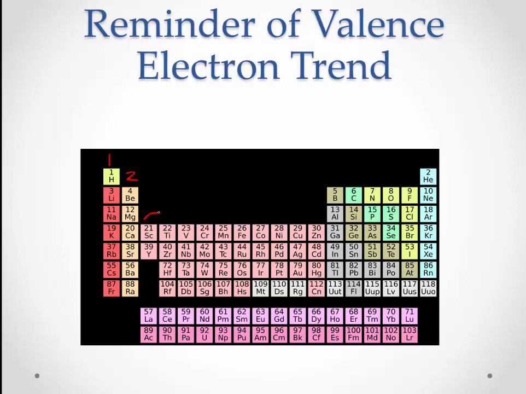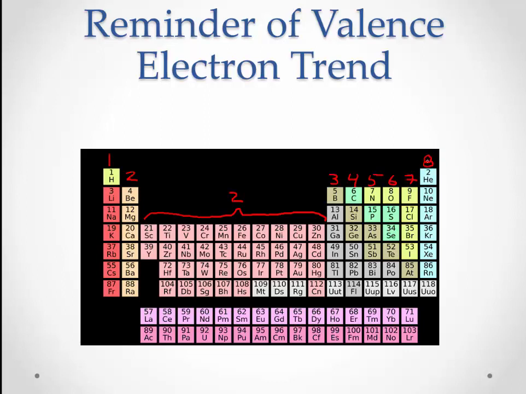Then you'll remember that all of the transition metals always have two because you'll get that S2 and then it goes back down into a lower energy level for the d electrons. This column right here ends in S2P1, so there's three valence electrons, and then 4, 5, 6, 7, and 8.